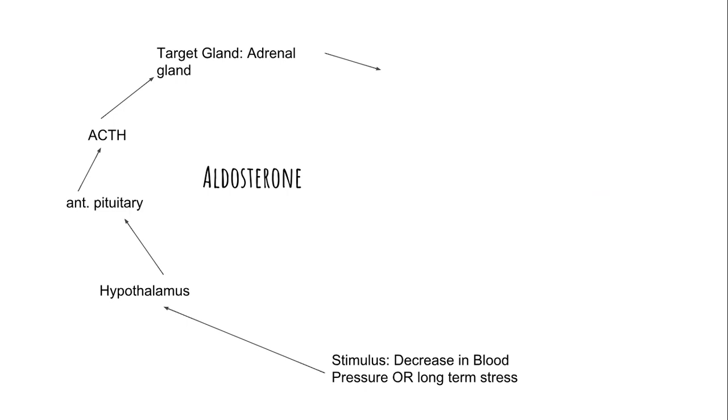If you're going back through your stress loop, remember the hypothalamus secretes the ACTH-RF, the releasing factor, and then the ACTH targets the adrenal gland. But this time, instead of cortisol, it's going to release aldosterone, and its goal is to target the kidneys. So not the adrenal gland: once it's secreted, the kidneys are the target.